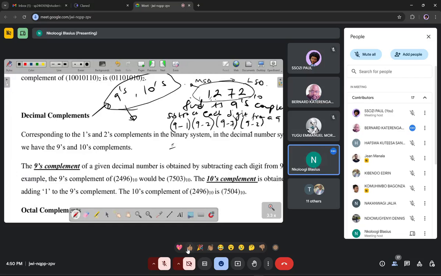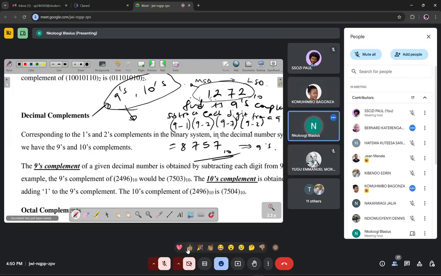Then the answer would be 8, 7, 2, 7 in base 10. This will be the 9's complement. Excuse me, sir. Yes, please. 9 minus 7 will give us 2. Yes, thank you for that analysis. That is so right. So this will be 2, and this will be the answer.